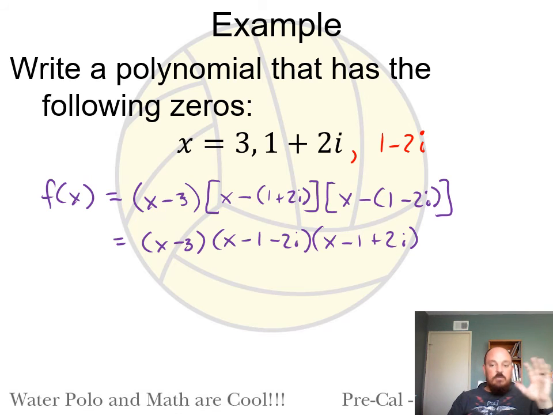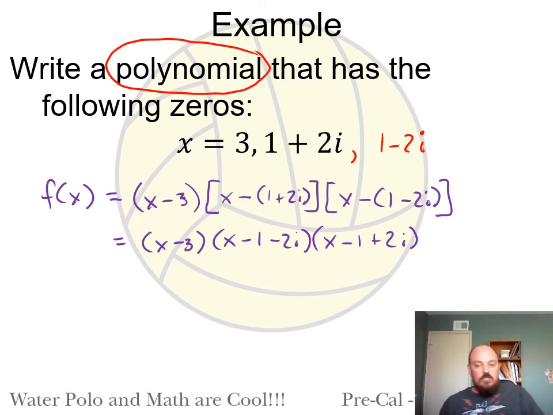So what I have now is a function f of x, but I'm not done with the question, because in the question I asked you guys to write a polynomial. And in factored form, technically it's not really a polynomial. Polynomial means list out the terms from highest to lowest. X to the fifth plus 10x to the fourth plus dot dot dot all the way to the end. So we need to multiply this all out.